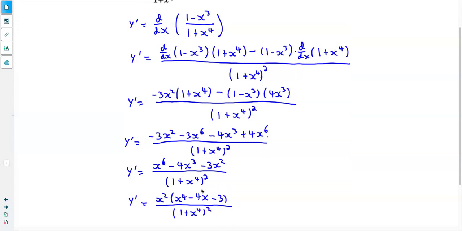Now from this, we know that we probably won't have a factor. If we were able to factor this, it'd cancel out with this. So we probably leave it at this point. In some cases, you may end up with something in your numerator that can cancel out with one of these in your denominator.